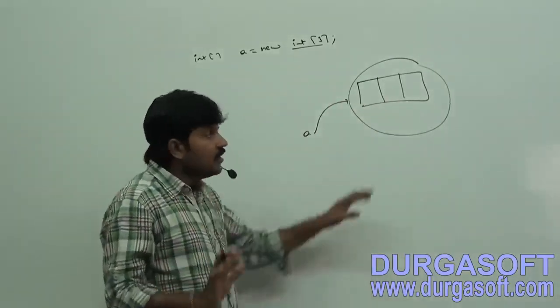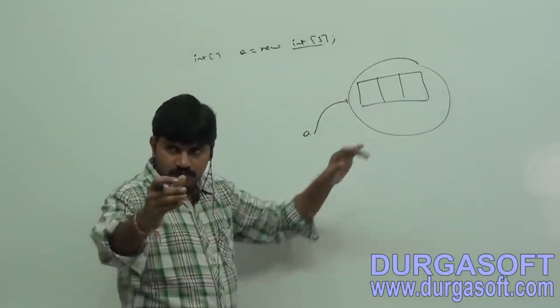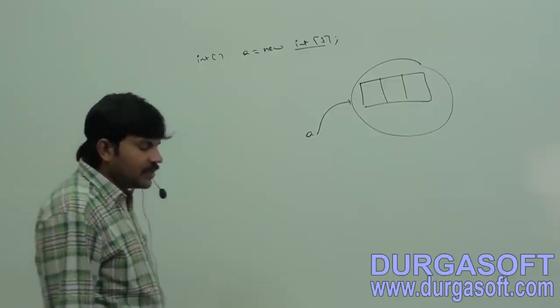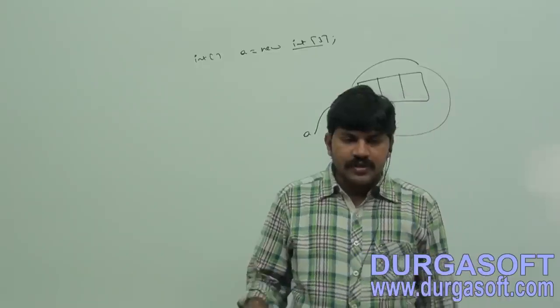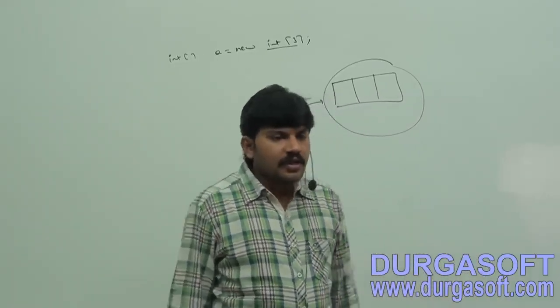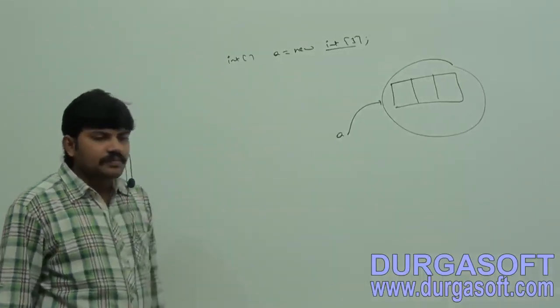Now, sir, here size 3 and A is the reference variable for that. You should feel that an array itself is nothing but an object. Make sure of this first point: every array in Java is an object only.